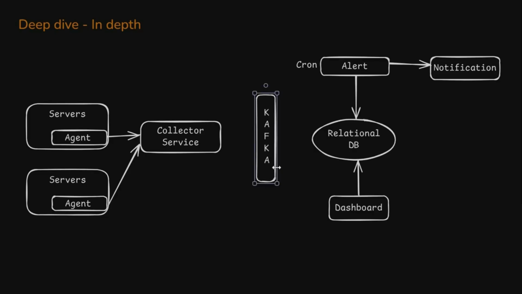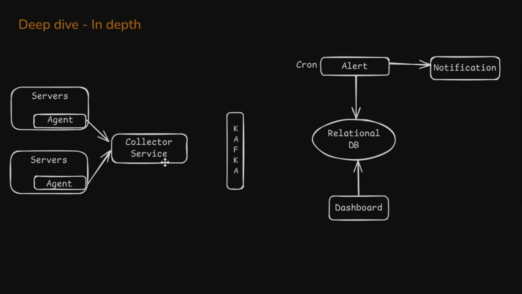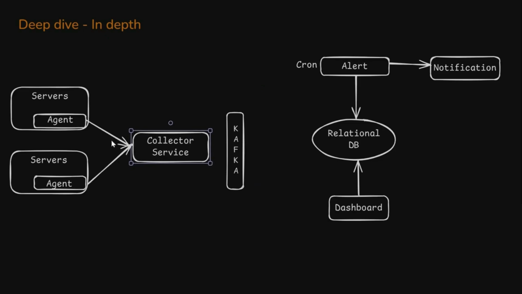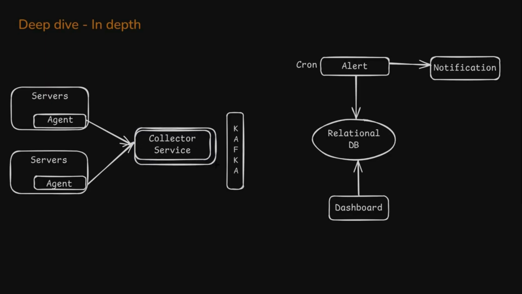Let me create some space here. So we need multiple instances of these services as well. And if we need multiple instances of this service, we would need some kind of load balancer. So let's introduce the load balancer here as well.